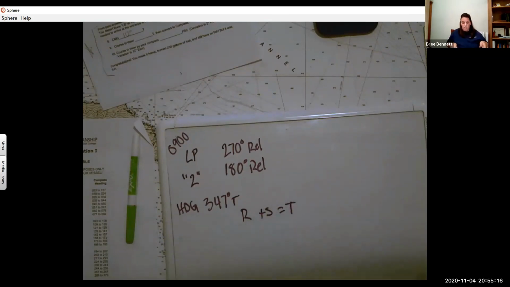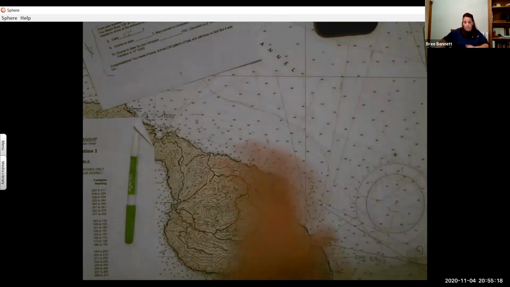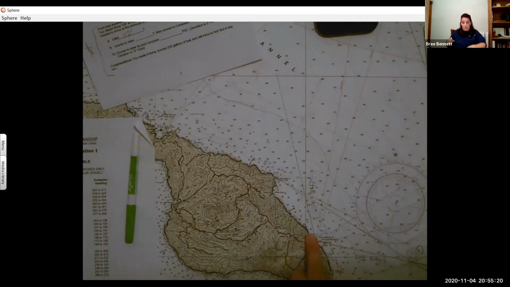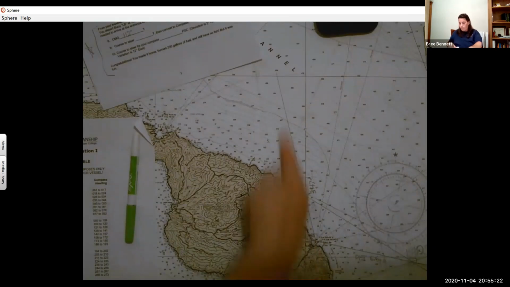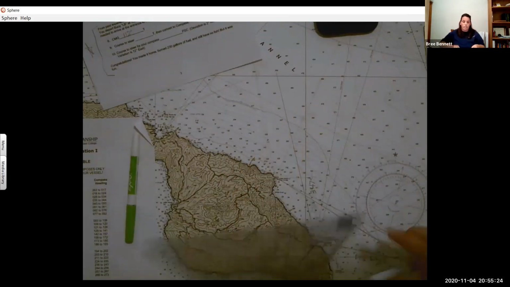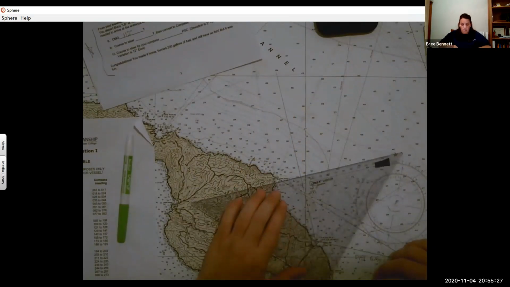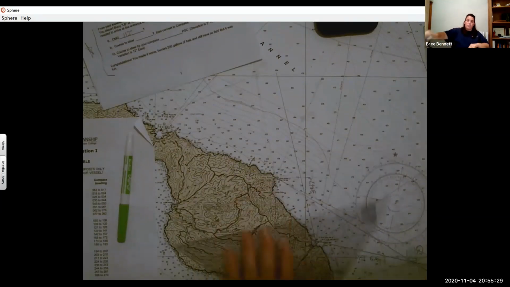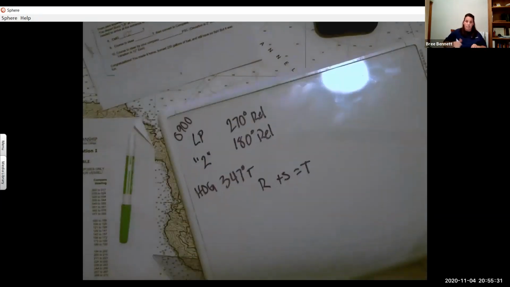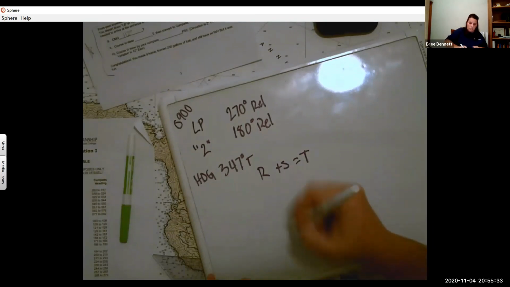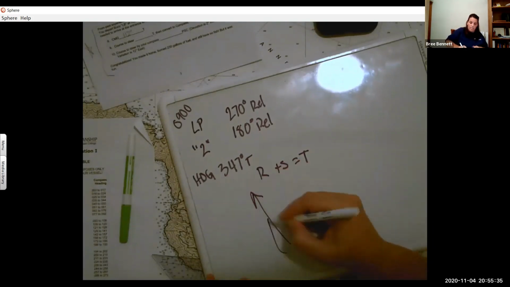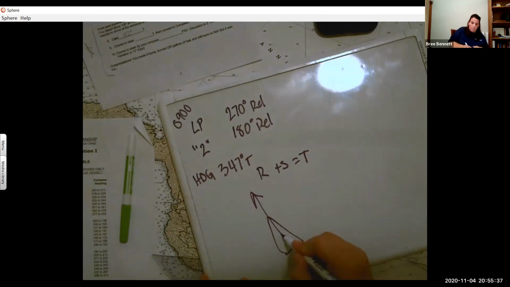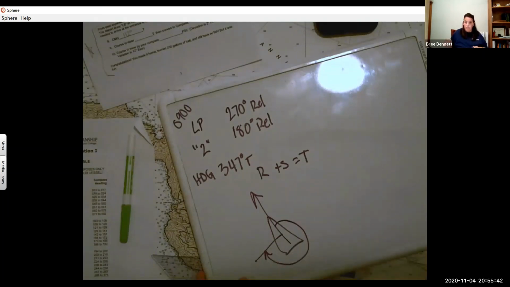But I am going to do it using my triangle, because I already have my 347. So if something had a relative bearing of 270 degrees, it would be right off my port beam.